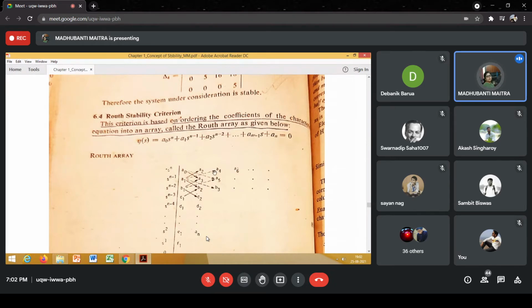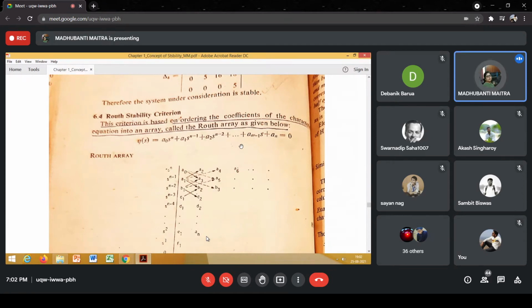So the terms contained in the first two rows of Routh array will be simply the coefficients of the characteristic equation. Clear?